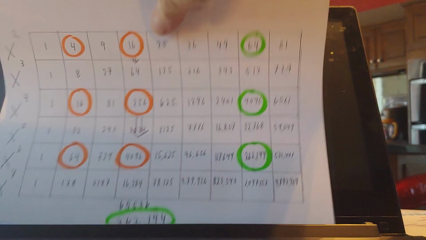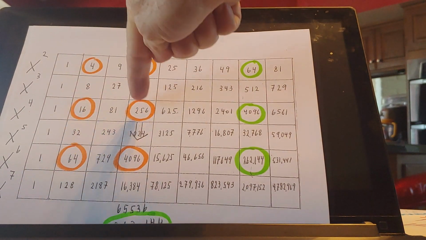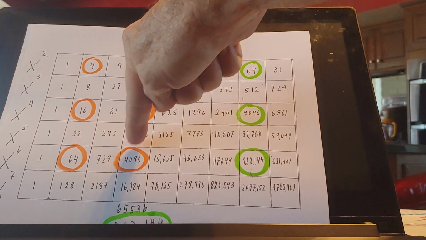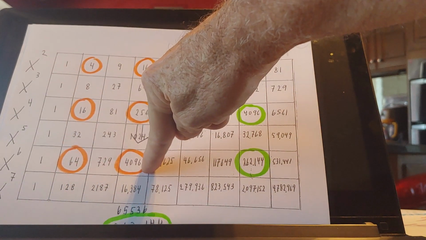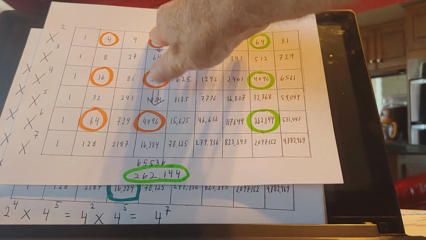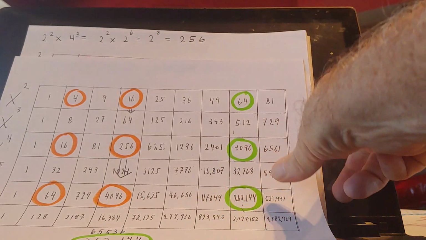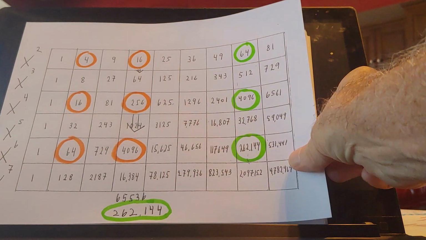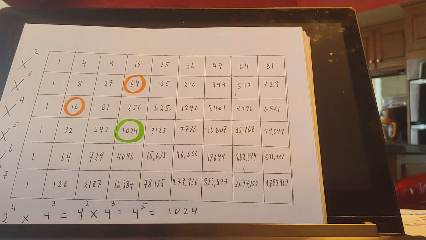So you can see 4 times 16 is 64, but 16 times 256, skip 1, is 4,096, where 64 times 4,096, skip 2, and you're going to get 262,144, which is this number right over here, and it is 8 to the 6th. Which works algebraically, of course, as well.